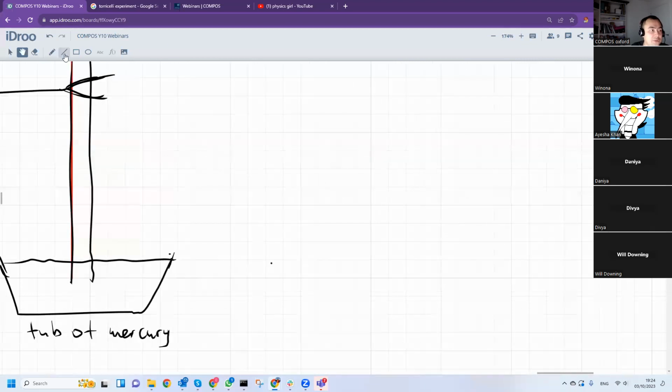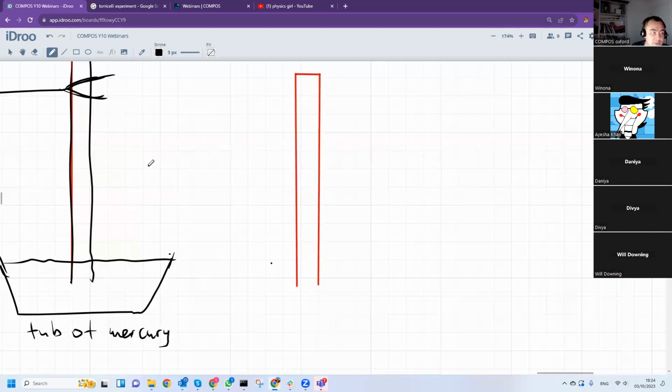Well, if you have a tube, from the bottom, you have the atmospheric pressure, because the atmosphere pushes on the top of the mercury bath, and that means the atmosphere pushes from the bottom. So right here, this is the mercury level. From the bottom, there is the pressure of the atmosphere, P0. There's nothing here.